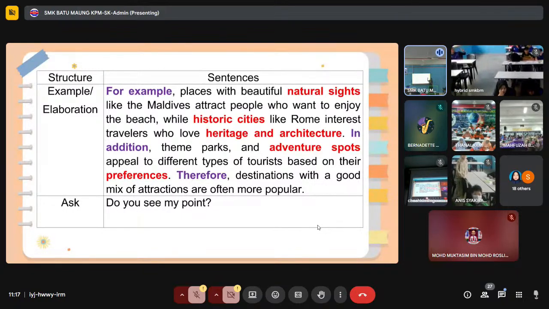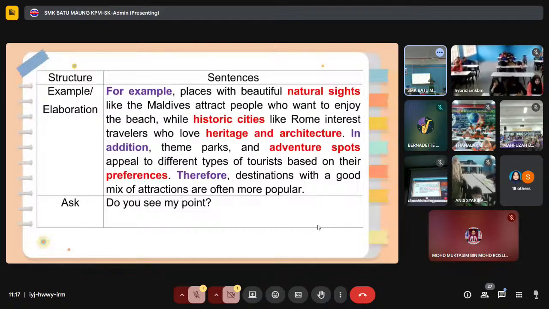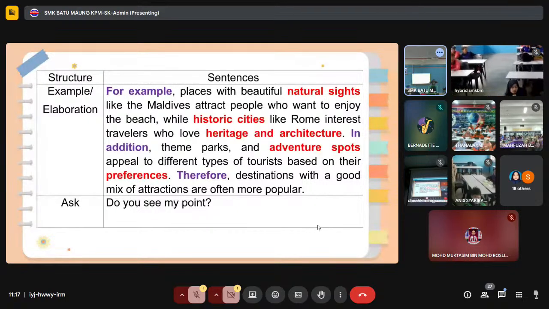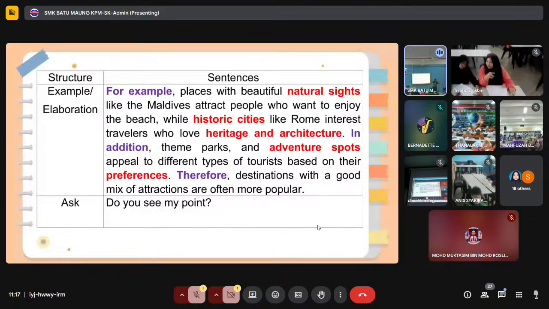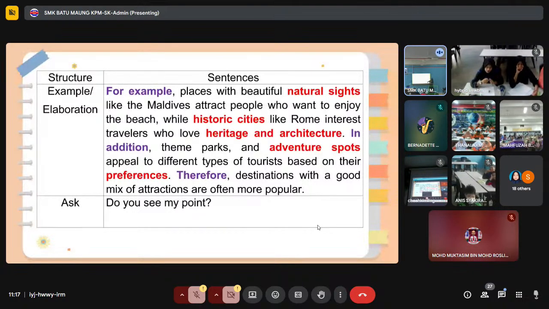Why did I highlight natural sights? A better vocab, descriptive vocab. Like Maldives attract people who want to enjoy the beach. While historic cities, a good vocab, like Rome interests travelers who love heritage and architecture.